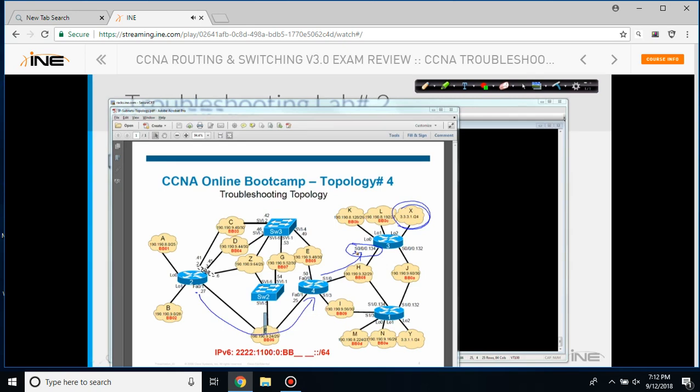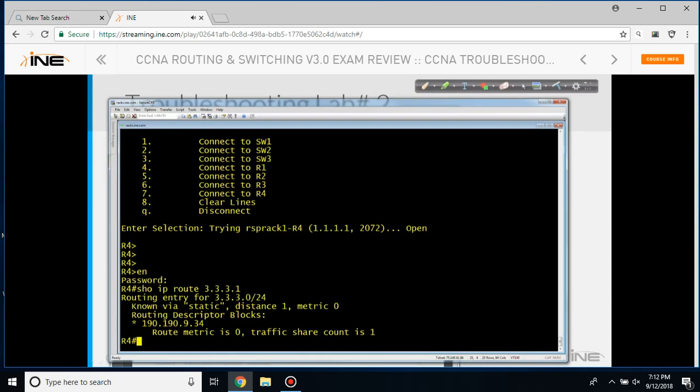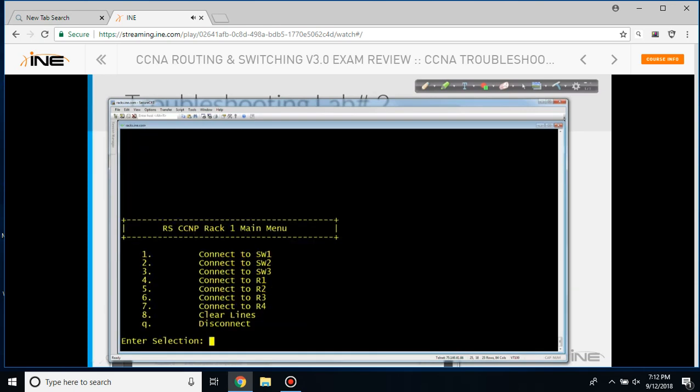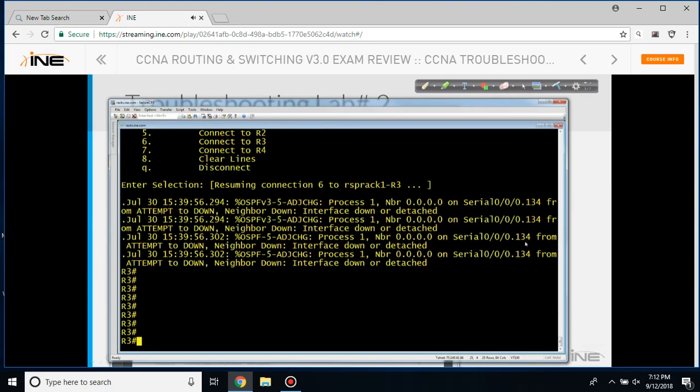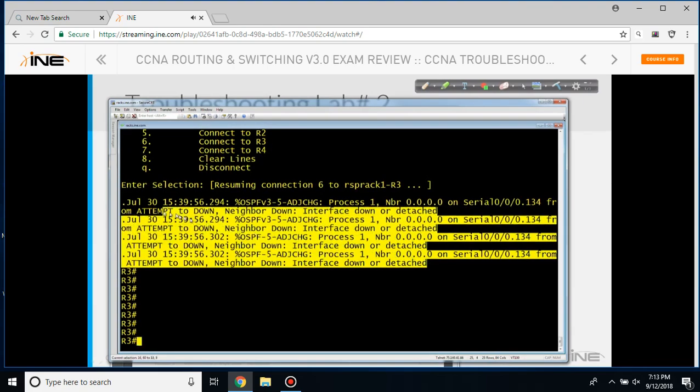We know that if router 2 is sending the pings out this interface, he's going to use the address of 190.190.9.27 as a source. So let's see if router 3 has a route back to this network right here, network F. This looks problematic.